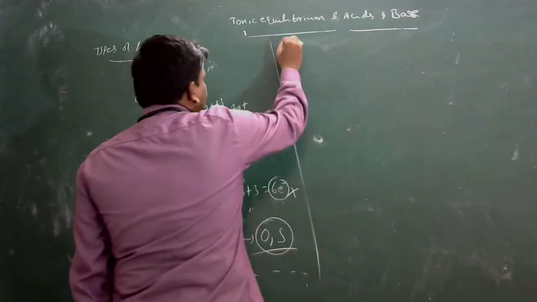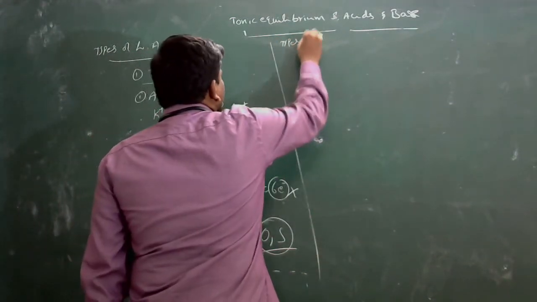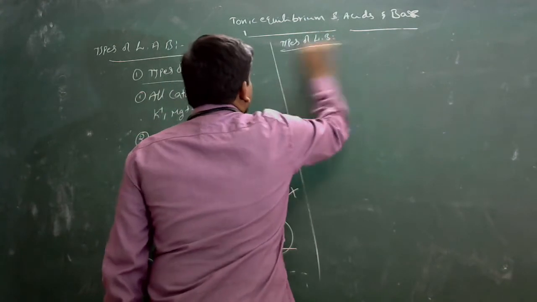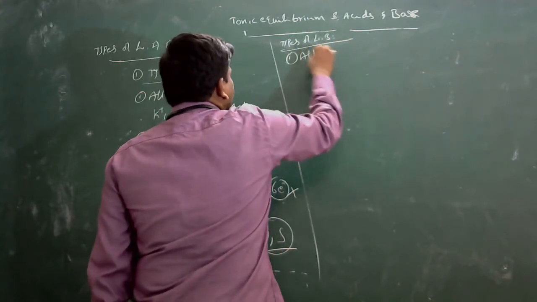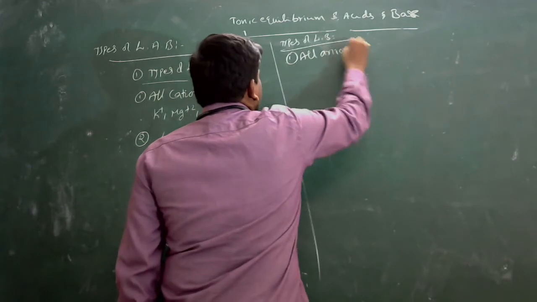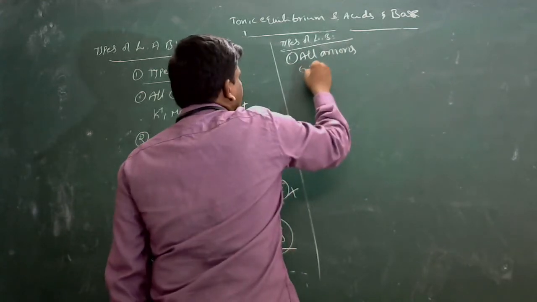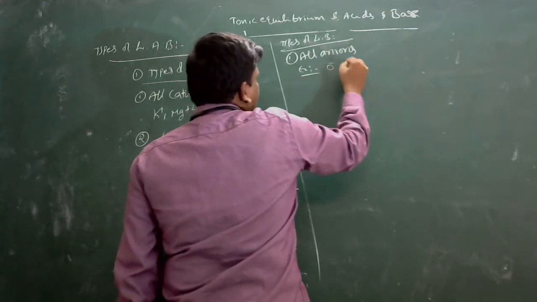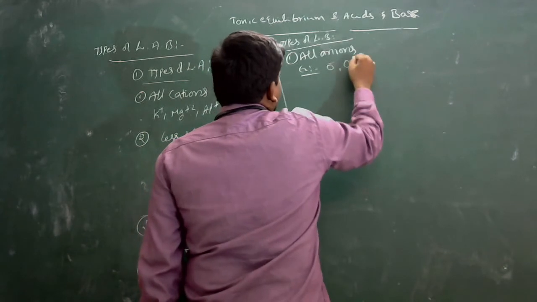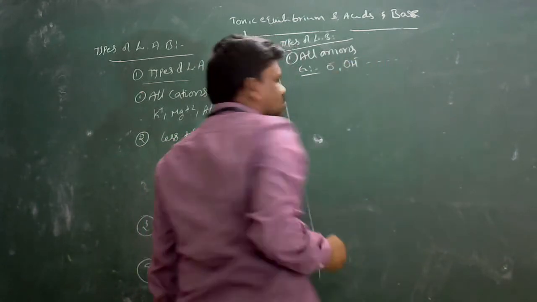Another one, types of Lewis base. Here all anions, for example O minus, OH minus and so on.